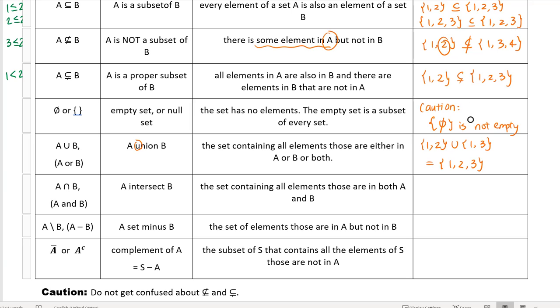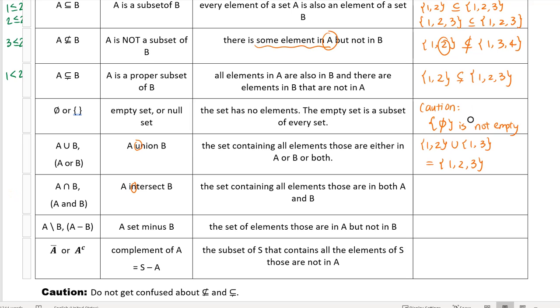Next, intersection. So this is like a U upside down. It's also like an N, but N is like this, right? So it's like a U, which you draw like this. So this is intersection. Think about the N, intersection.